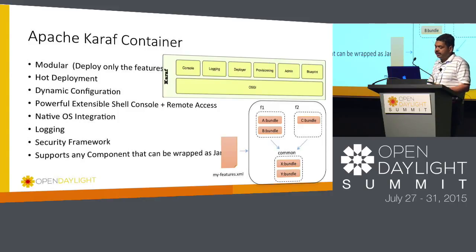Although we'll not get into it today, there is also a powerful security framework. Basically any component can be packaged as a Karaf feature bundle, and any jar can essentially be packaged. This again is mostly taken care of for you by the tooling that we are going to be providing.